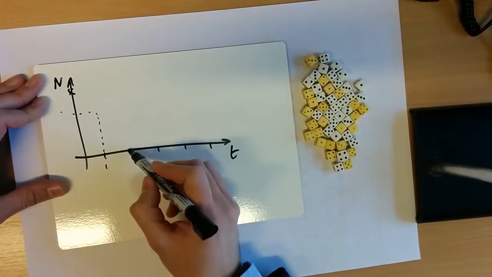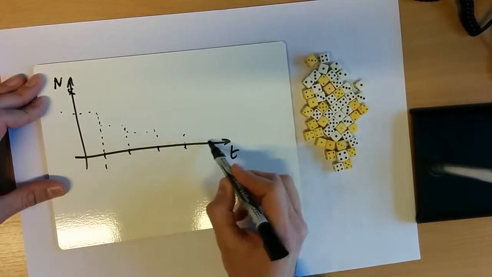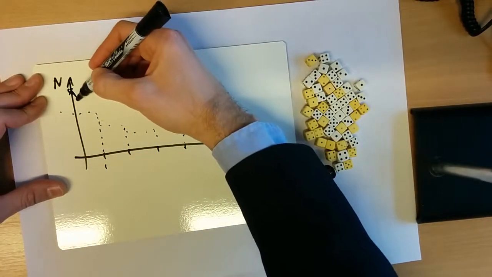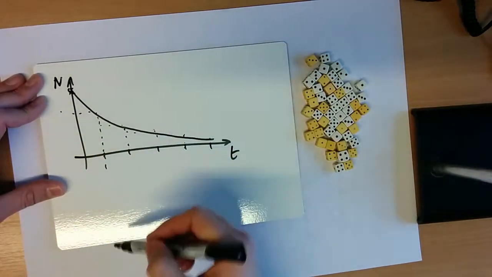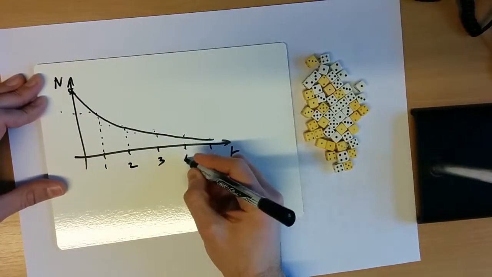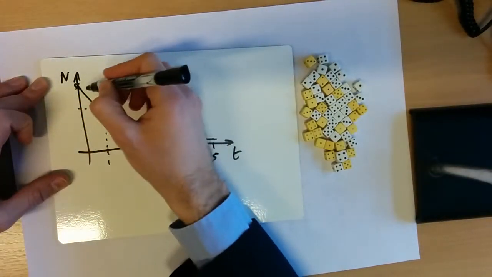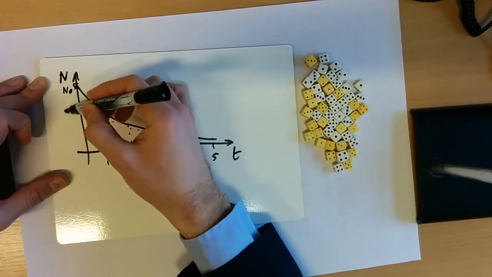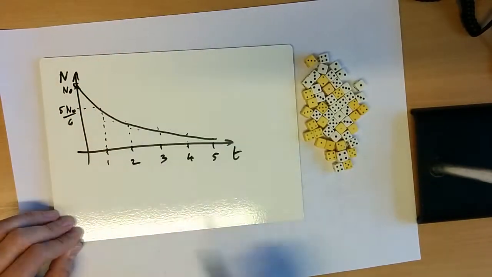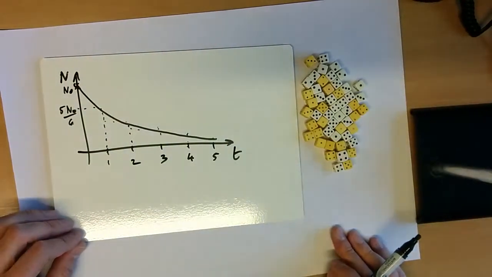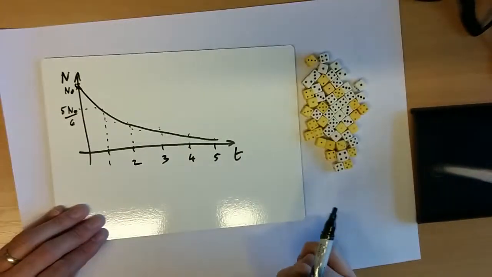And in the next throw, there'll be another 6th, and the next throw, another 6th, and so on. So although it is completely random, each time we know that we get a fraction. If this is starting at N0, we come down to 5/6 of N0. Each time it comes down by the same fraction. So it's random and it's spontaneous, but we have this pattern.